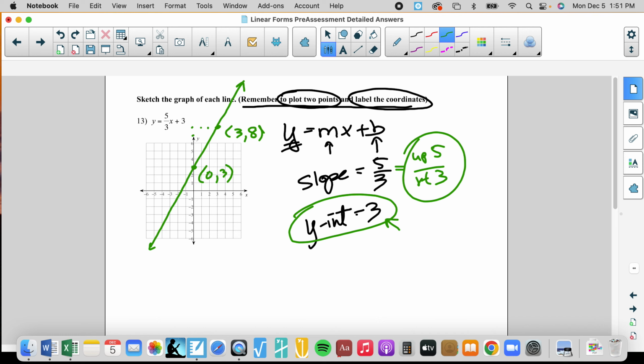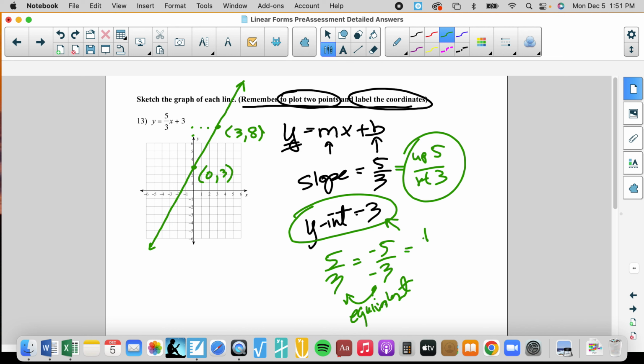Now I know that because I went up 5 from 3. 4, 5, 6, 7, 8 on the y-axis. And then I went right 1, 2, 3, which took me to 3 on my x value. Some of you could have seen, hey, 5/3, I came up and off of it. You know that -5 over -3, these two are equivalent.